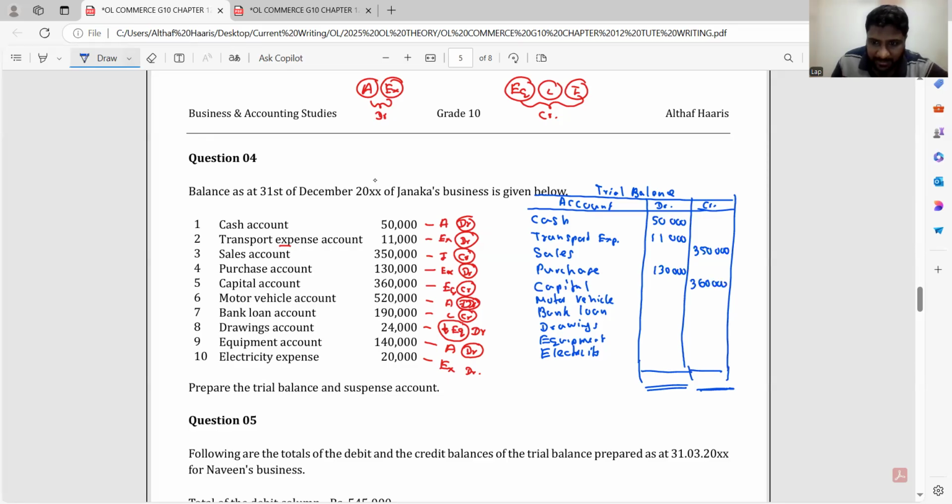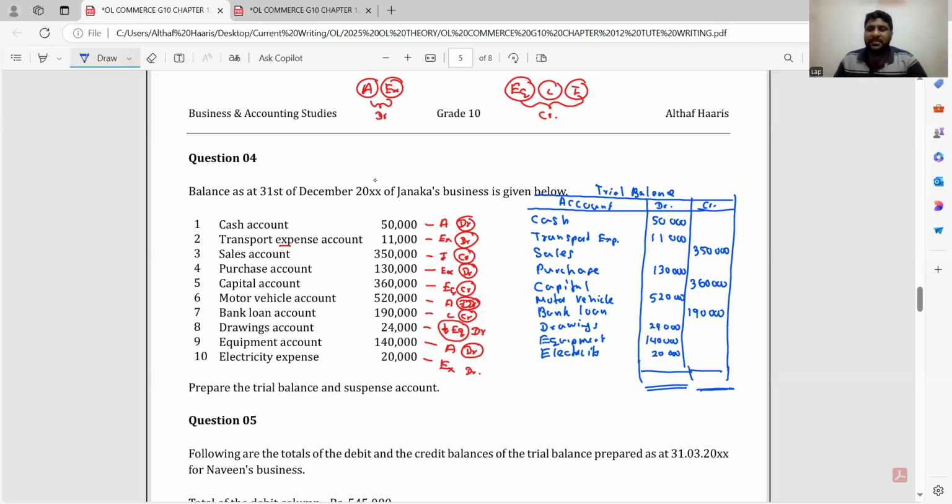Motor vehicle is an asset account, therefore it is debit. Bank loan is a liability account, therefore it is credit. Drawings is a reduction of equity account, therefore it is debit. Equipment is an asset account, therefore it is debit. Electricity expense account, therefore it is debit.